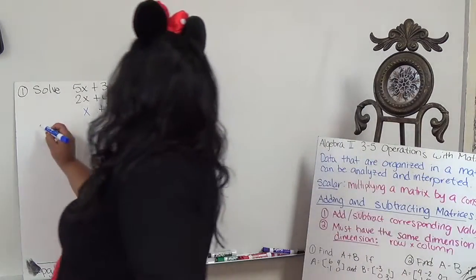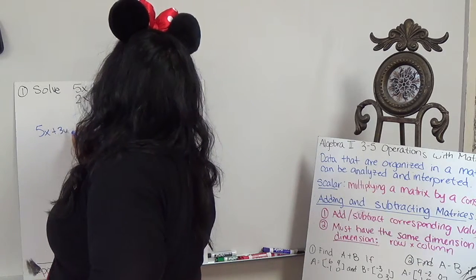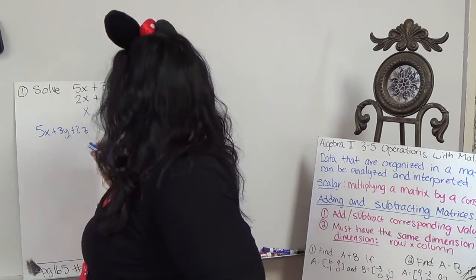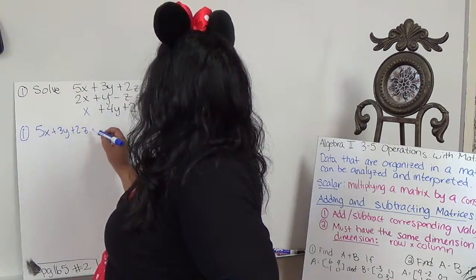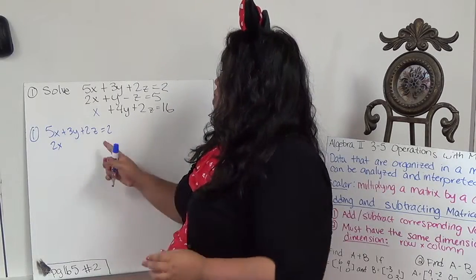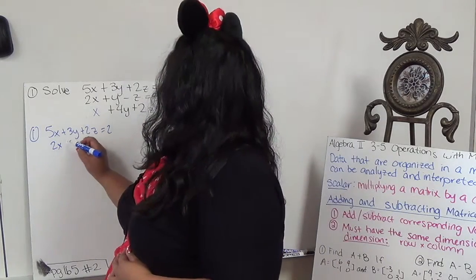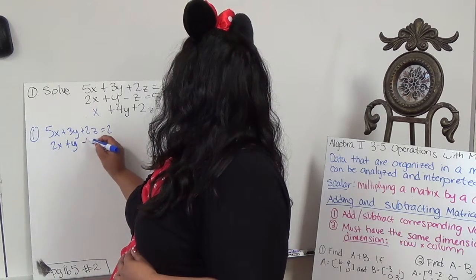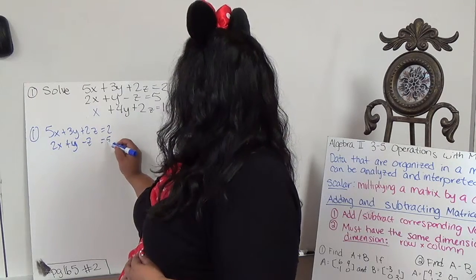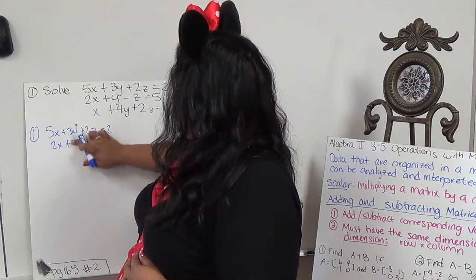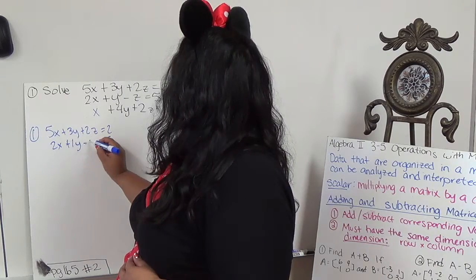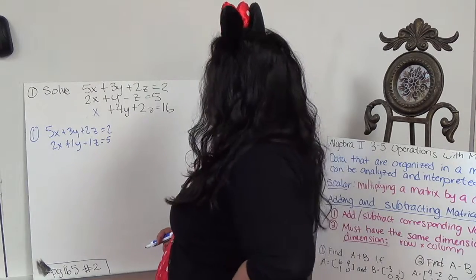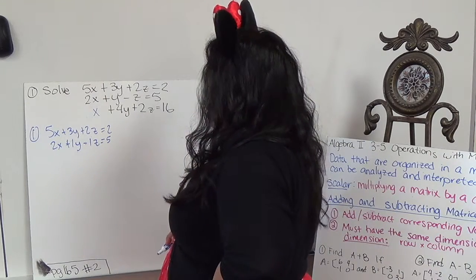So I'm going to take the first 2: 5x plus 3y plus 2z equals 2, and then 2x plus y minus z equals 5. My first step is to take 2 equations at a time. I'm going to put a 1 in front of each of these to make things easier for myself.